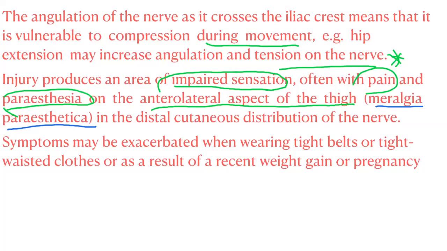Tingling and numbness associated with pain is called meralgia paresthetica. Symptoms may be exacerbated when wearing tight belts or tight waisted clothes, or as a result of recent weight gain or pregnancy.